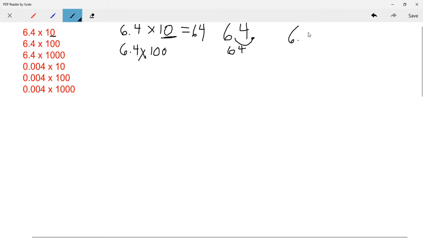Now, if it's 6.4 times 100, this one equals 64. Now I can do 6.4. Okay, and there are 2 zeros here, so now I'm going to hop once and twice. But there is no number here, so I'm going to have to add a 0, because really, once you start adding zeros after the decimal, it doesn't change the value, right?